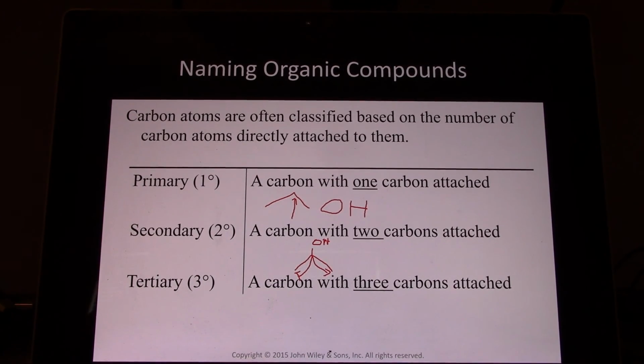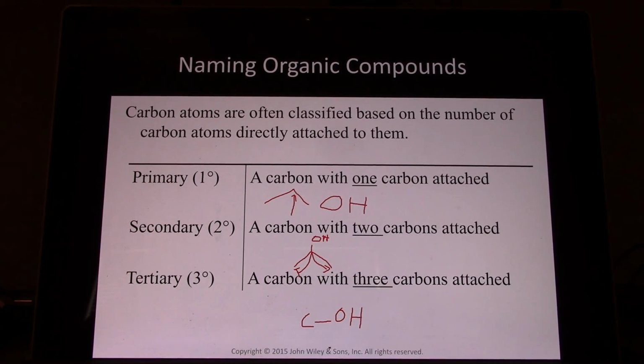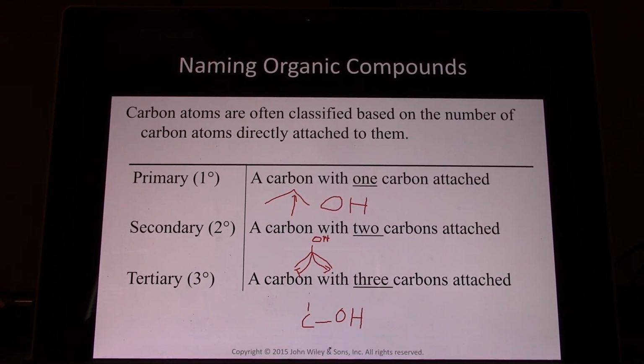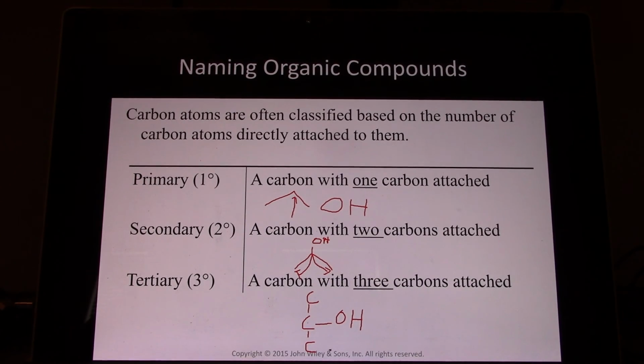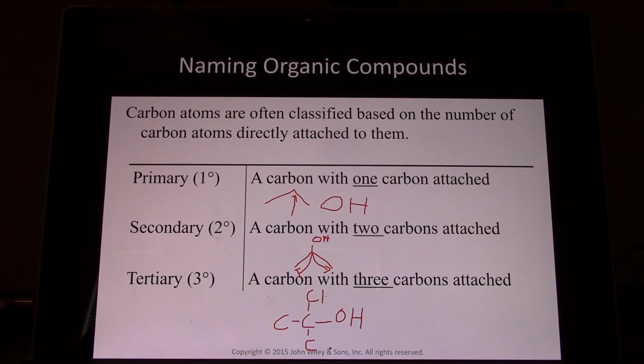And a tertiary carbon is attached to 3 other carbons, like T-butyl alcohol. And then each of them have 3 hydrogens there.